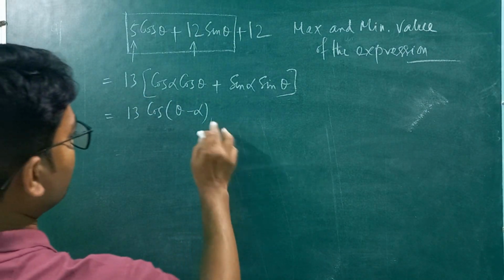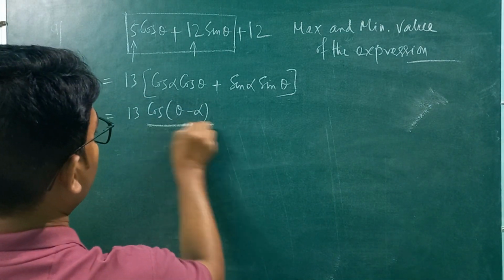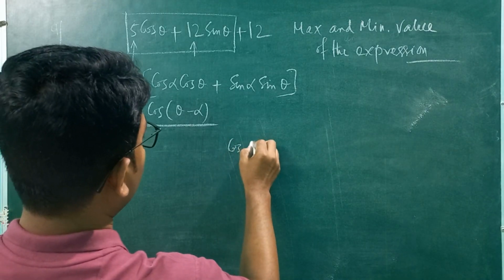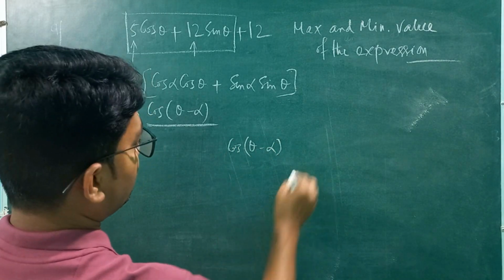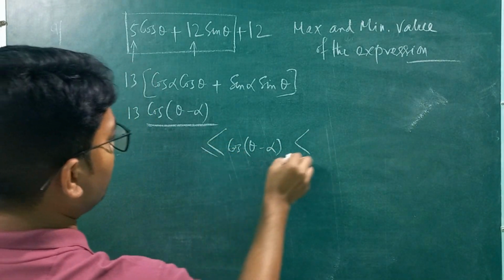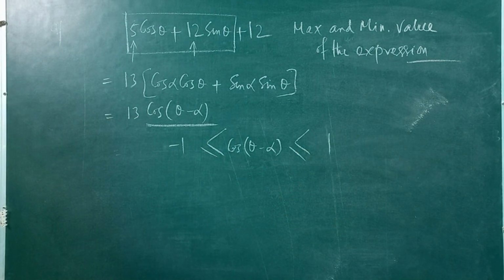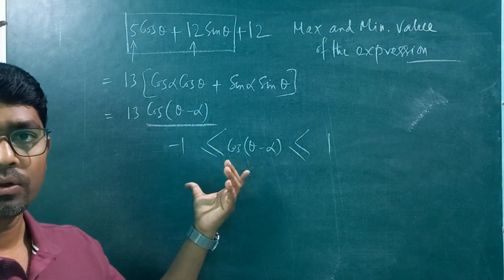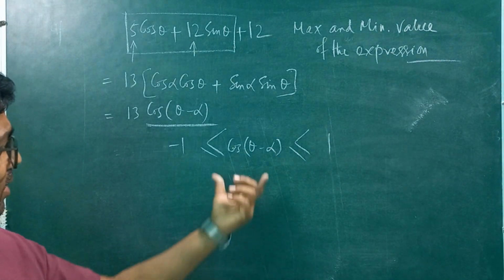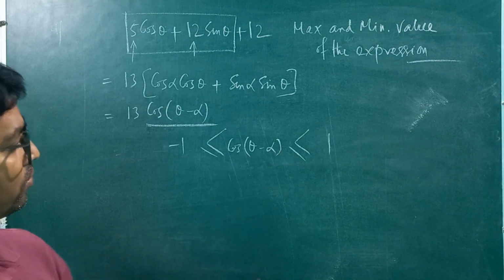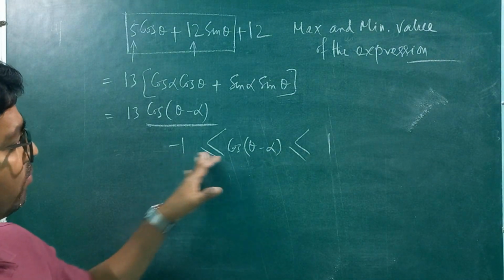Now what is our known fact about cos of theta minus alpha? This value lies between -1 to +1. This is a very common inequality: for any angle, cos always lies between -1 and +1.